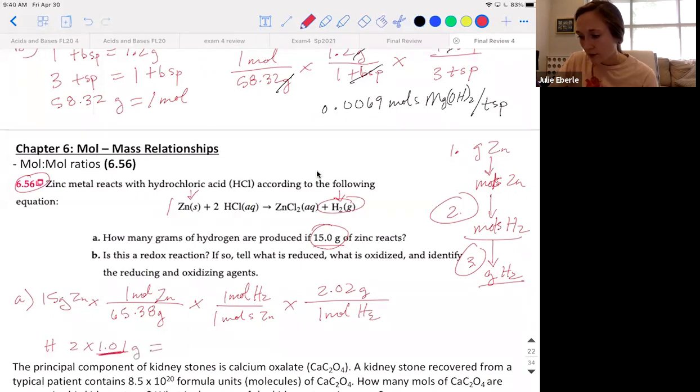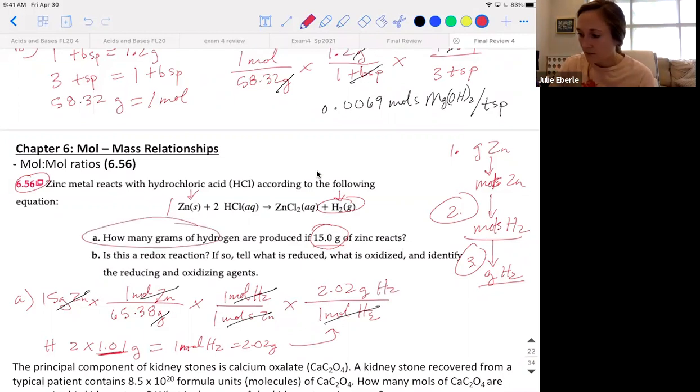So for every 1 mole of H2, it is 2.02 grams. And that is what I'm plugging in right there. And I see so far grams of zinc cancel, moles of zinc cancel, moles of hydrogen cancel. And now I'm left with grams of H2, which is what the question's asking for.